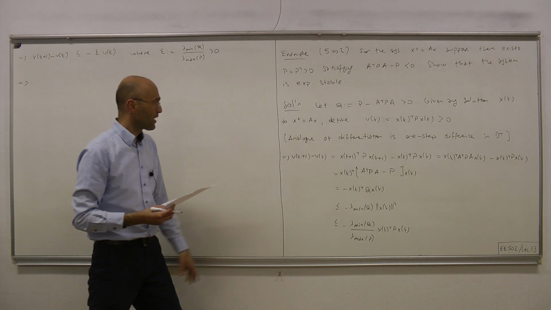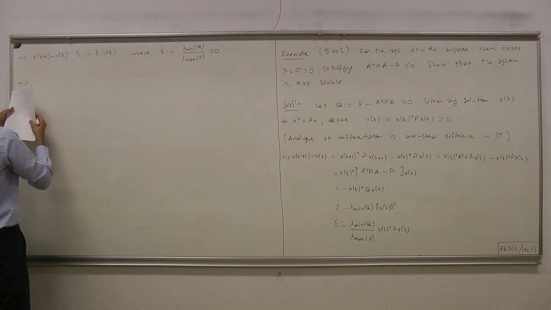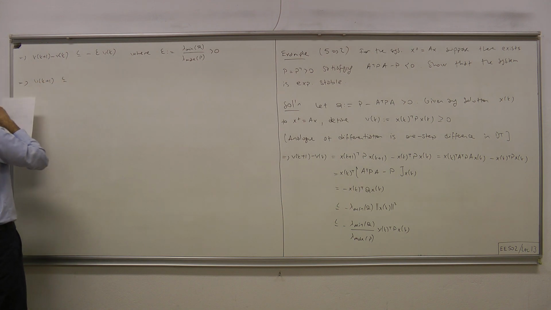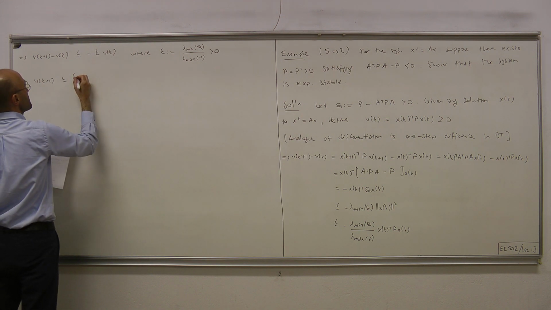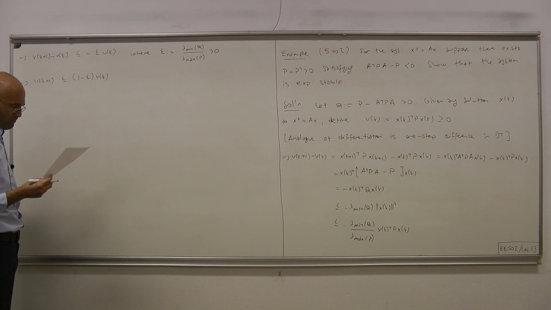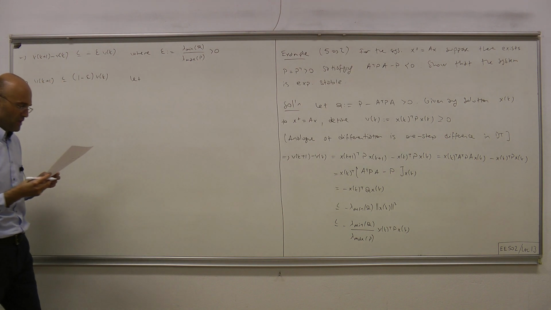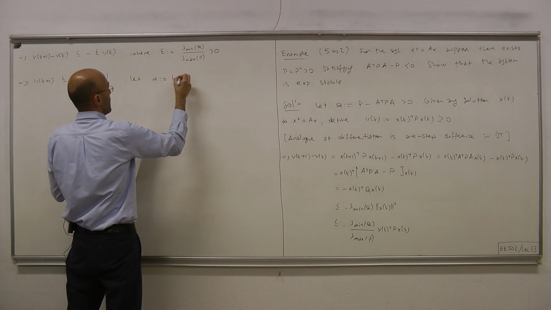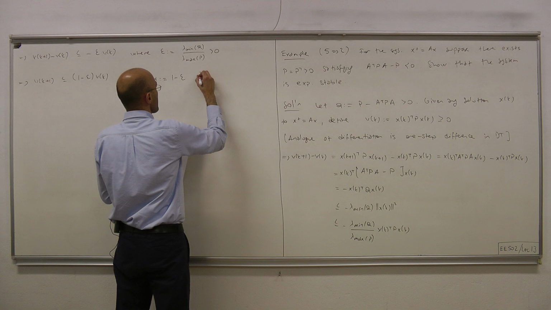We're almost done. We carry this V(k) to the other side, and then we have V(k+1) less than or equal to V(k) minus epsilon V(k), so that produces 1 minus epsilon times V(k). Now let's introduce one further notation. Let alpha be equal to 1 minus epsilon.